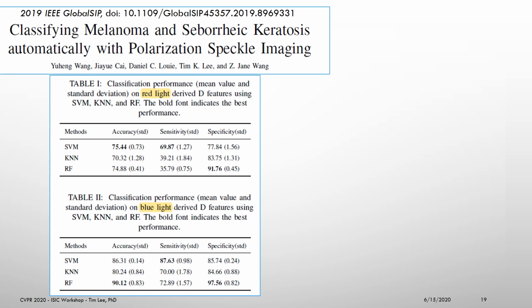It is because when light is directed perpendicularly onto the skin, in the way that the dermoscope projects the light onto the skin, the resultant images do not show the surface roughness of the skin. However, using polarization speckle, we can now detect skin surface roughness. That is why the blue light data have an excellent power to separate melanoma and seborrheic keratosis.